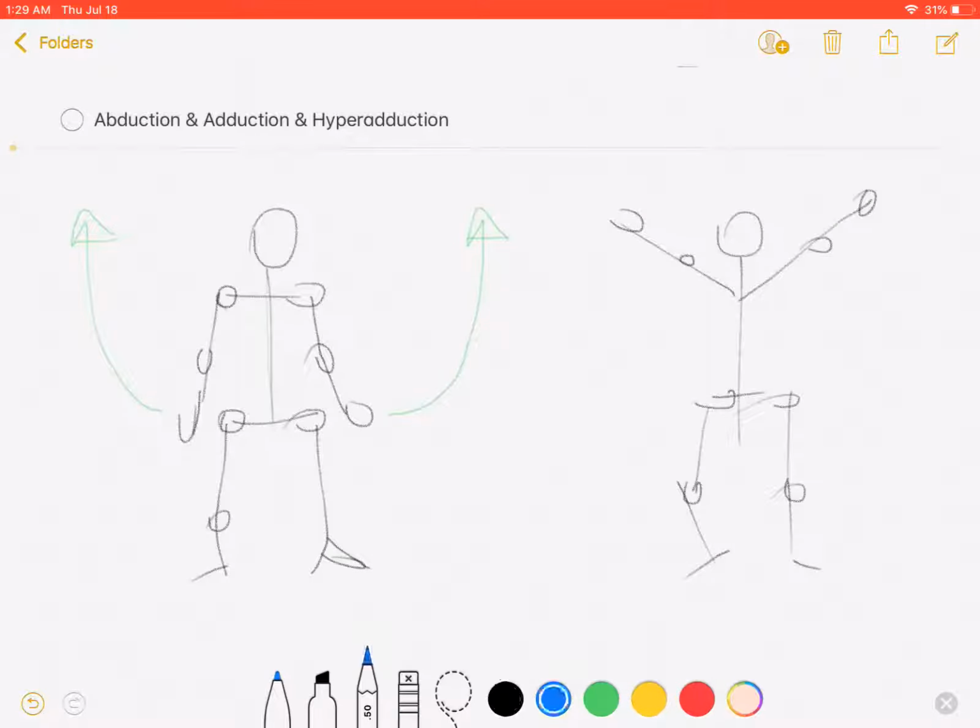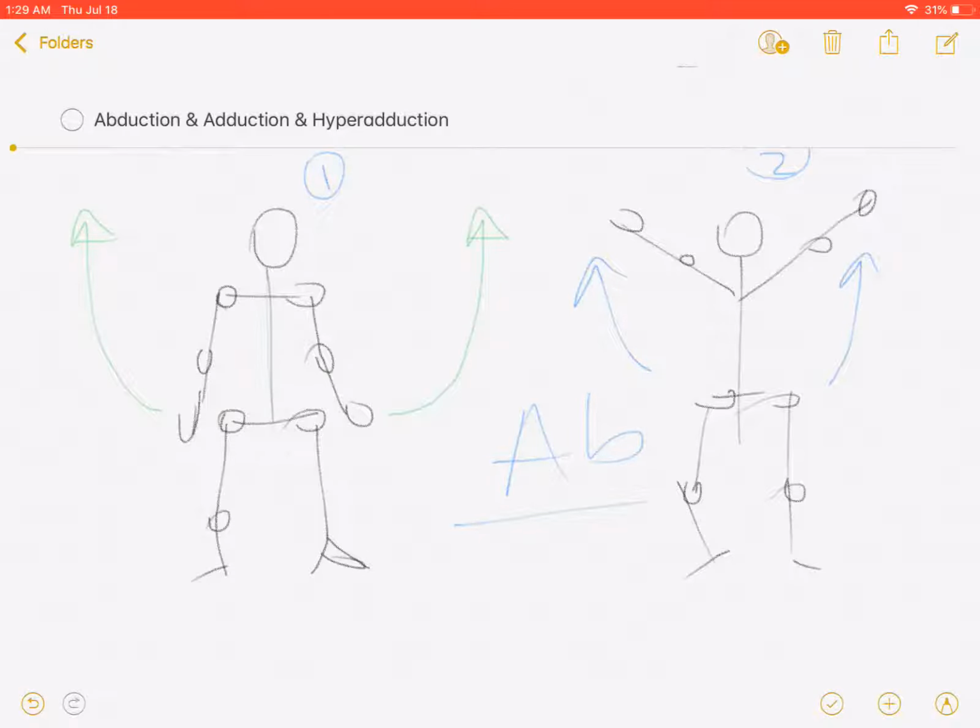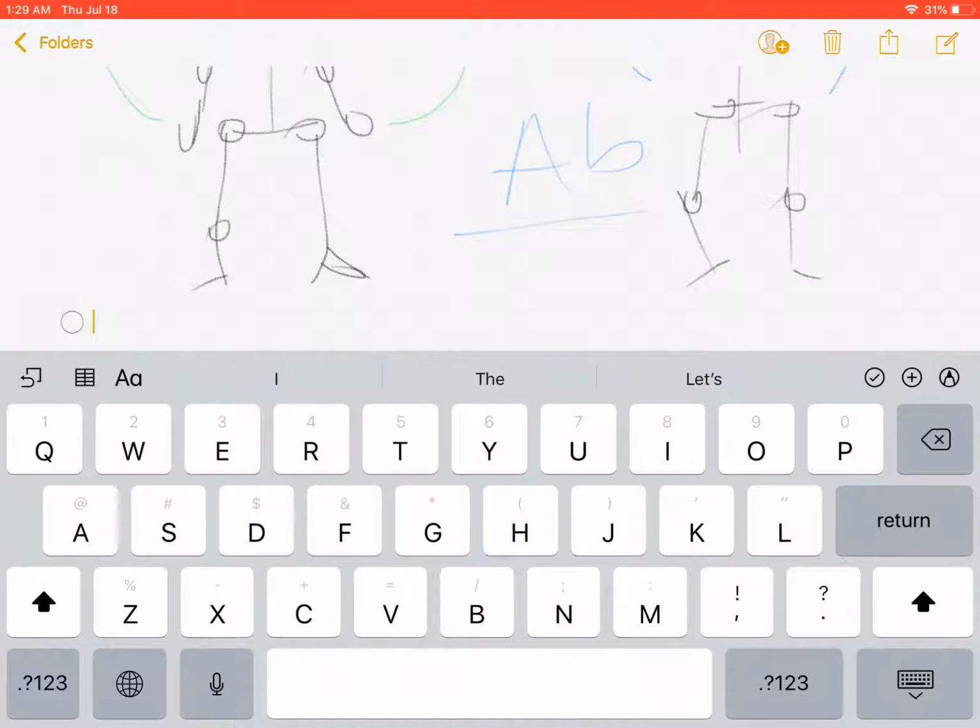So 1, anatomical position. 2, the hands are actually going up, the arms are going up. That's called abduction. Adduction is when they go back down, and hyperadduction is when they keep going past the anatomical position, crossing the sagittal line, and pretty much in a negative motion.